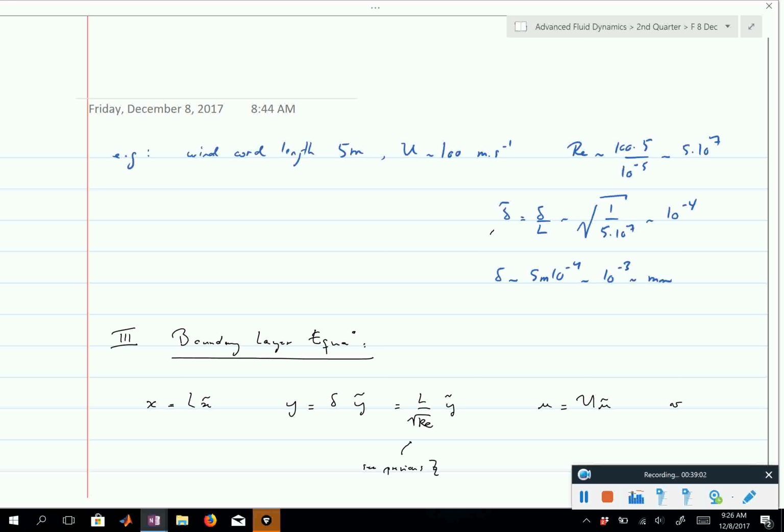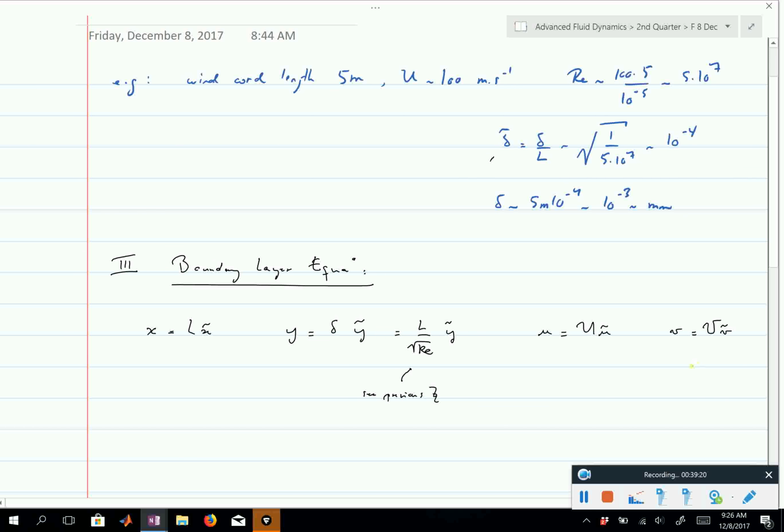We know it's going to be small, but at the same time, the layer over which we look is small, so it's a bit premature to assume anything. So at this point, we'll just give it a scale v, which is undetermined.